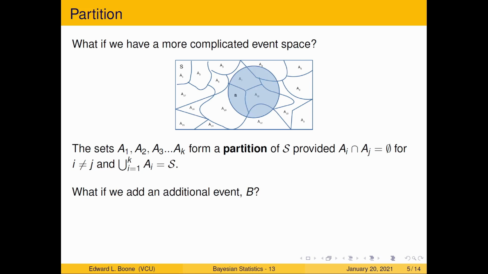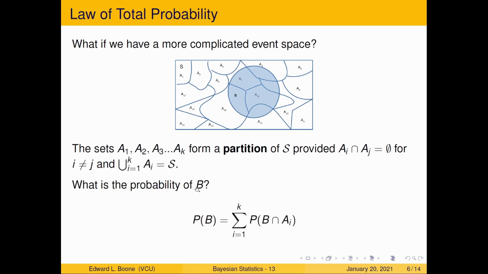Now, add a little more complication. What if we added an additional event B here? Okay, so what is the probability of B? Well, the probability of B would be just find out where B intersects each one of these. Notice that they don't overlap. That's our assumption here. So if we did this, then it would just be adding them together.